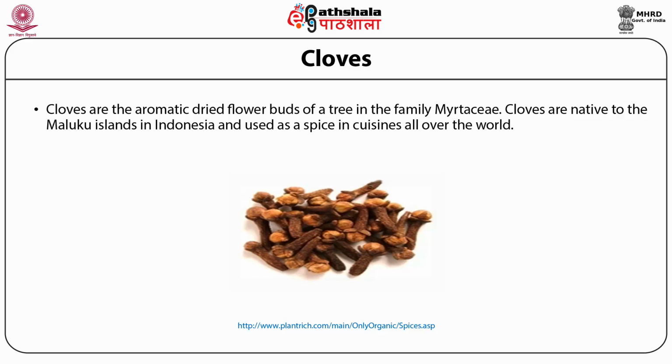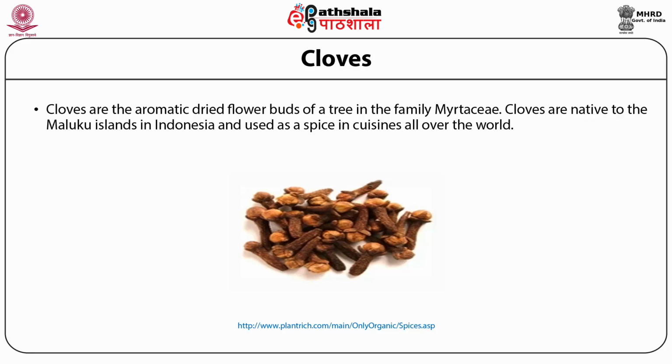Clove, known as laung in Hindi and called Eugenia caryophyllata, synonym Syzygium aromaticum, belongs to family Myrtaceae, is a small tropical evergreen tree native to the Moluccas Spice Islands, cultivated in Africa, India, and Sri Lanka.